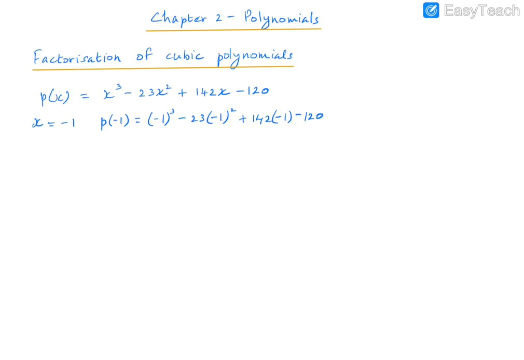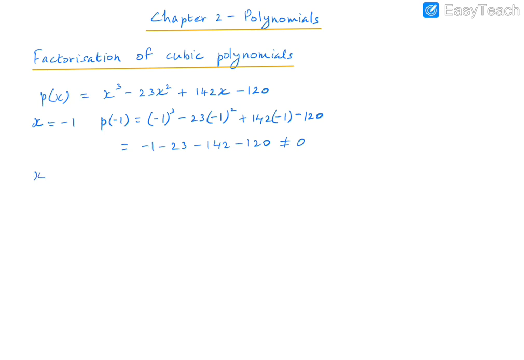Minus 1 power 3 is minus 1. Minus 23 into minus 1 square is minus 23 into plus 1, which remains minus 23. 142 into minus 1 is minus 142, and minus 120. All the numbers are minus, so it will be minus something, and of course that is not equal to 0. So minus 1 is not a zero of the polynomial.